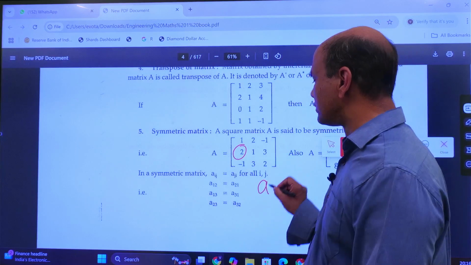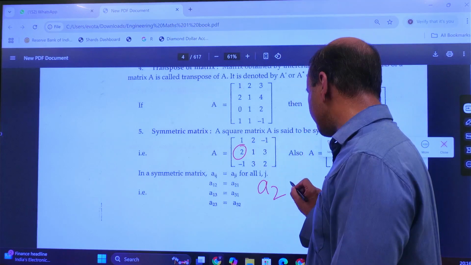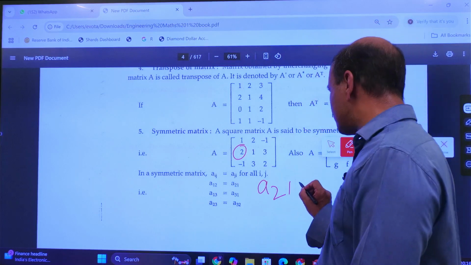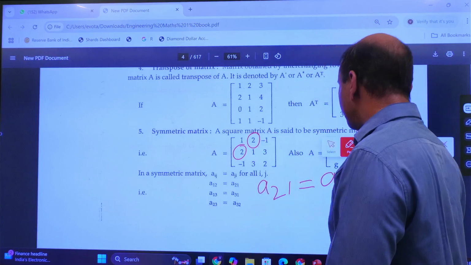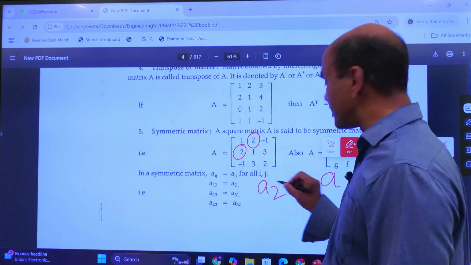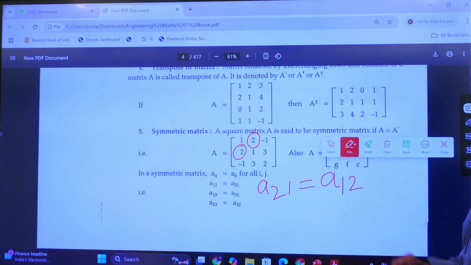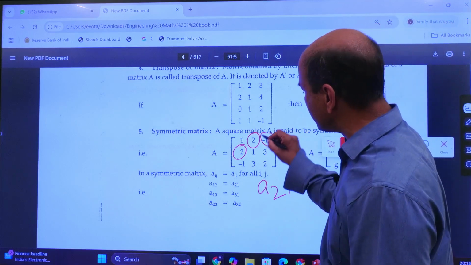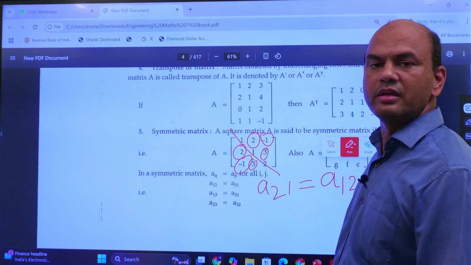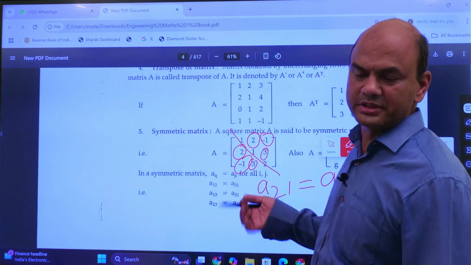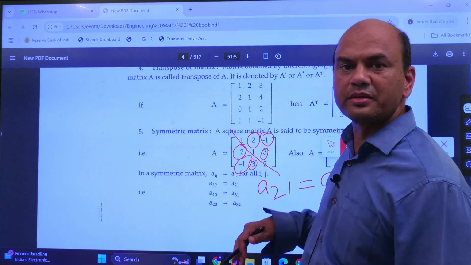Second row, first column, A21 equals, now look at Aji: first row, second column, A12. So A21 equals A12. Same thing for everyone. Look at this minus 1, this minus 1. This 3, this 3. Only leave this diagonal and everything is the same. Symmetric, mirror. I'll put a mirror over here. Everything is the same on both sides.